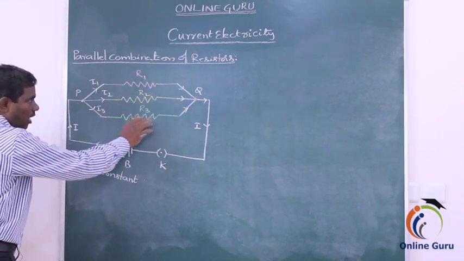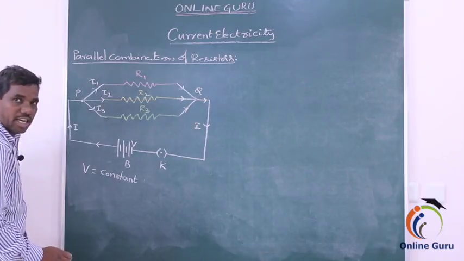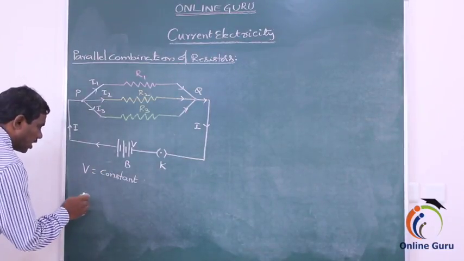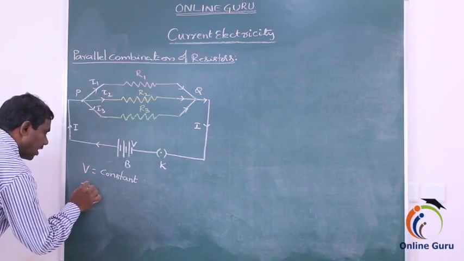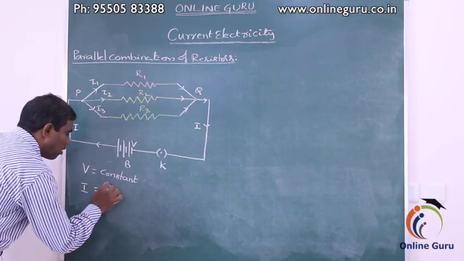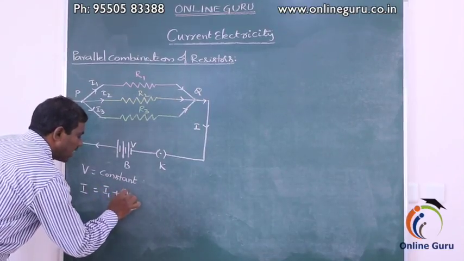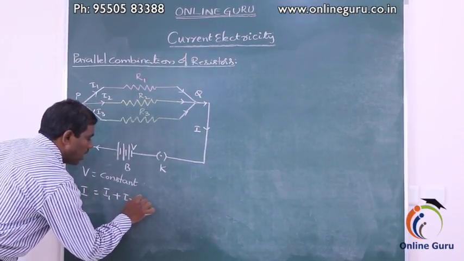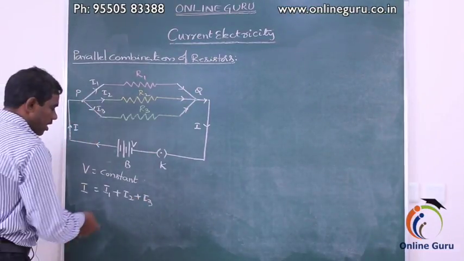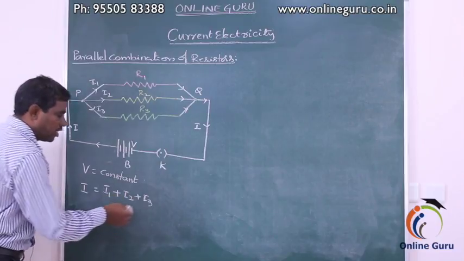When the total current in the circuit remains constant, according to the law of conservation of current or charge, the net current I in the circuit is equal to the sum of the individual currents through the resistors R1, R2, R3, that is, I1, I2 and I3.